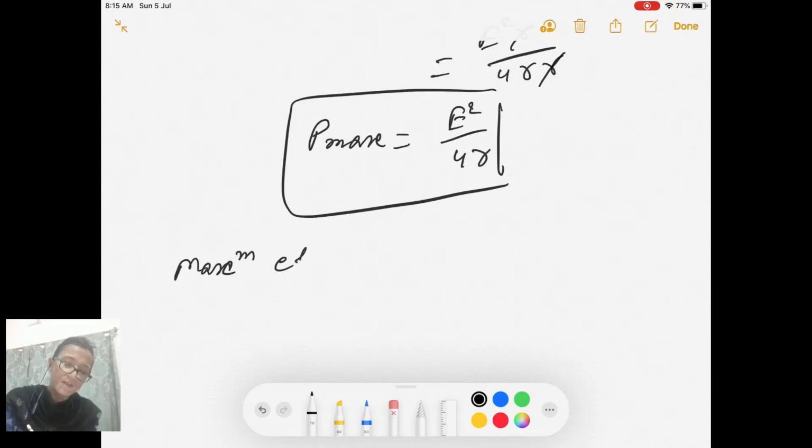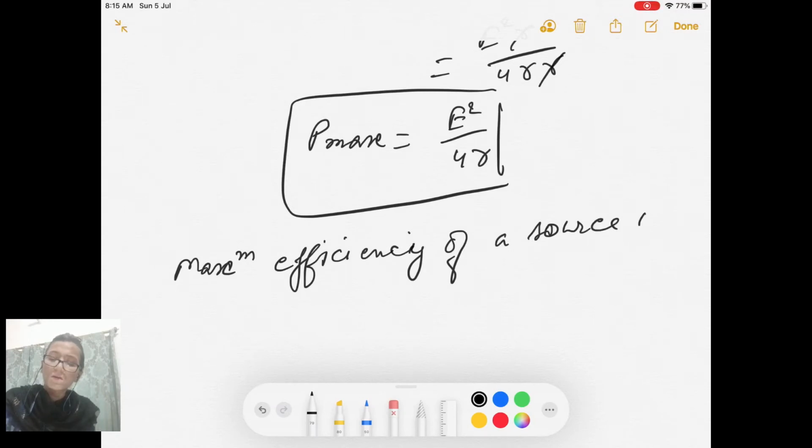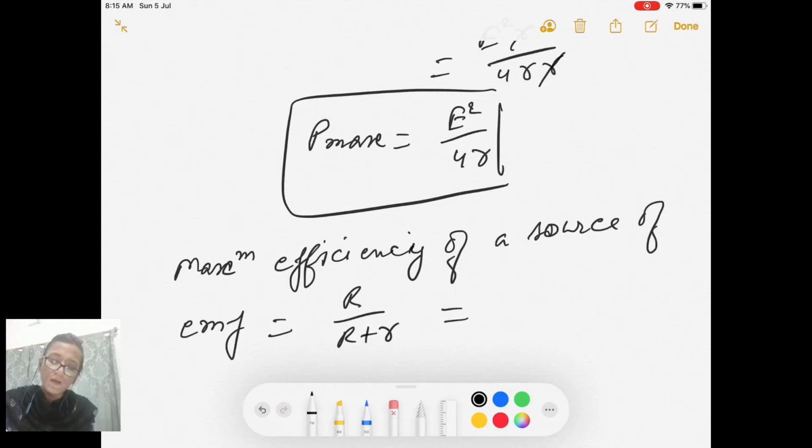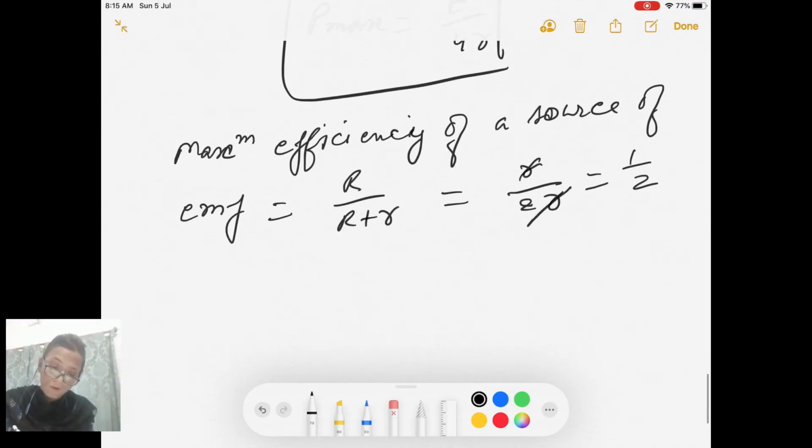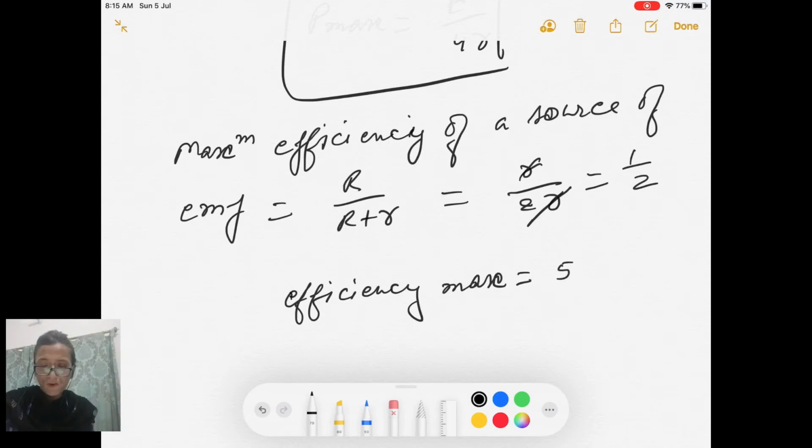Maximum efficiency of a source of EMF is equal to R upon R plus r, that is equal to r upon 2r, means half, means maximum efficiency is equal to only 50%.